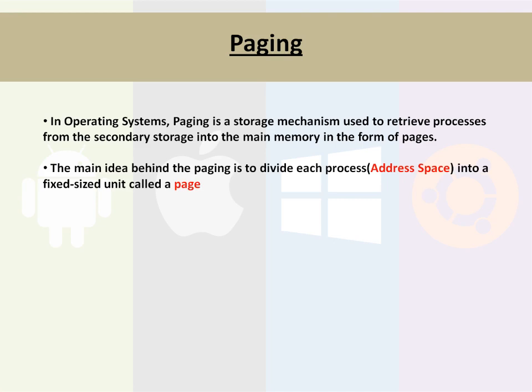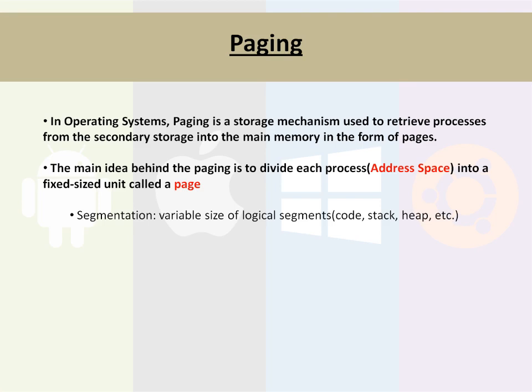And the main idea here is that paging is a process where we divide each process in memory, specifically referring to the address space here, into a fixed sized unit called a page. The difference between segmentation and paging was that in segmentation we had variable sizes for logical segments, right?